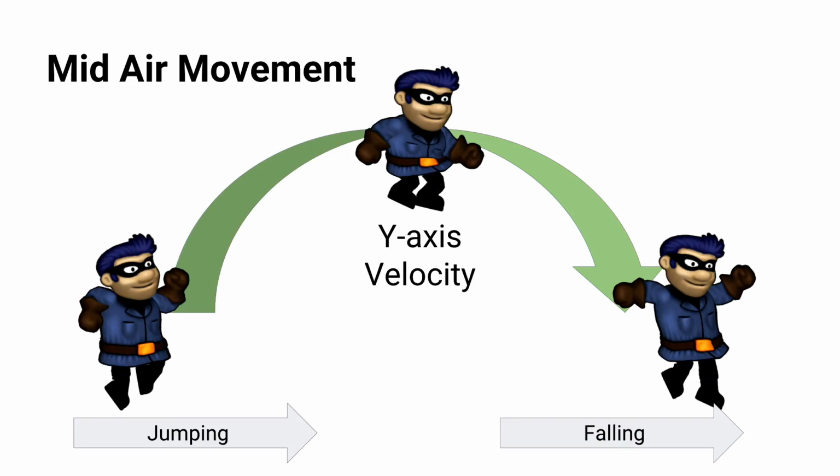Also on the topic of midair movement, there's no difference between jumping and falling in this game from a mechanic, a logical, any standpoint. You're either on the ground or you're not. It's irrelevant whether you're jumping or you're falling. A jump is a fall that you meant to do. That's the only way we're controlling this. We're using our vertical velocity to determine what stage in the air we are for animation's sake and for wall grabbing, because we can only wall grab while we're falling.